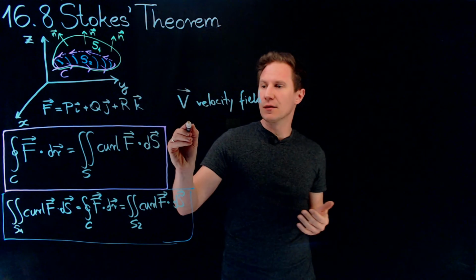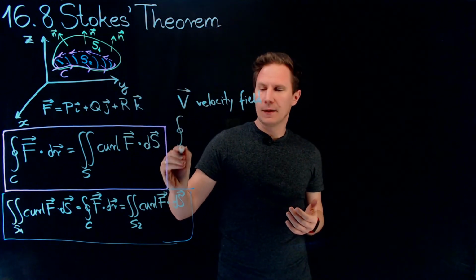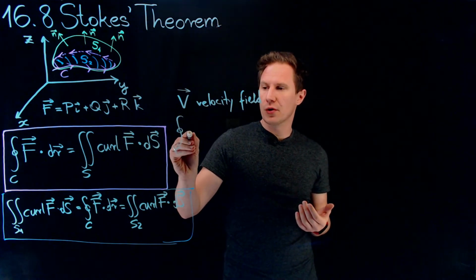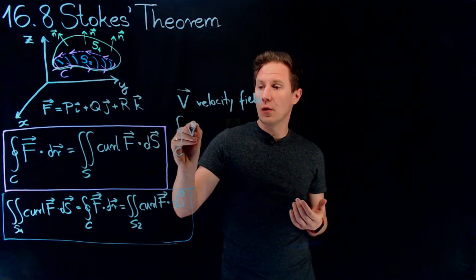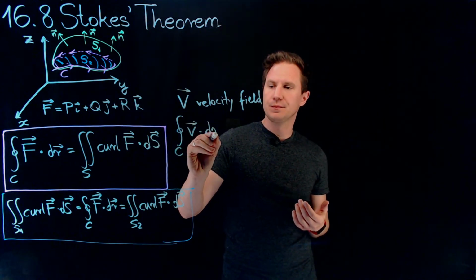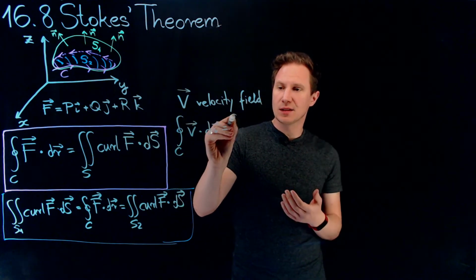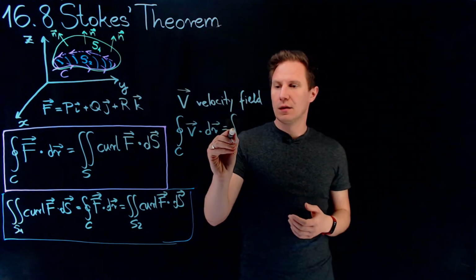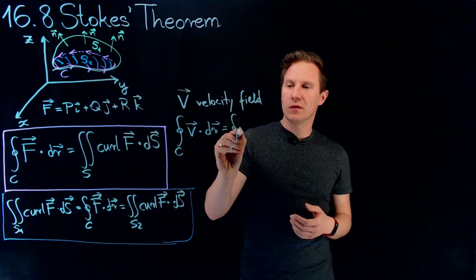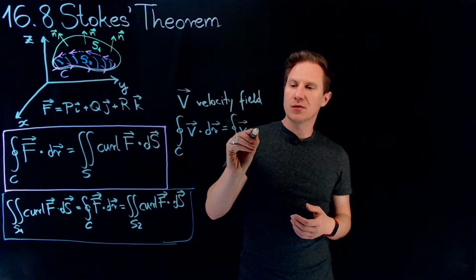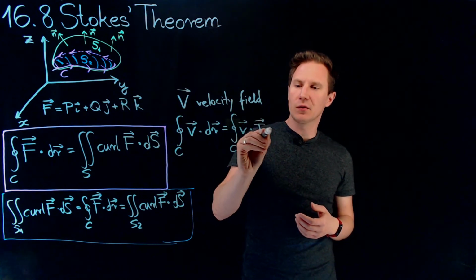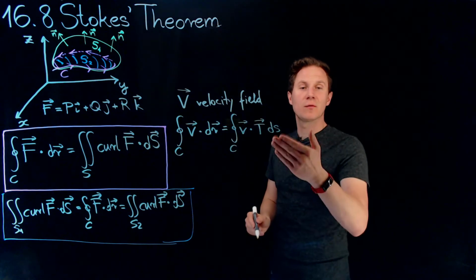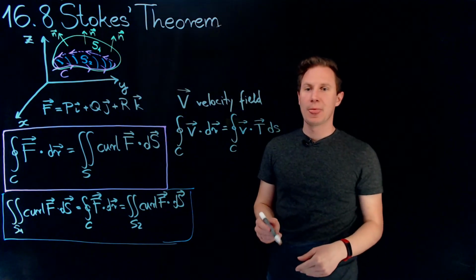Then the line integral around some curve C of V is, as we remember, just integrating the tangential component of V. So capital T is the unit tangent vector to the curve C.